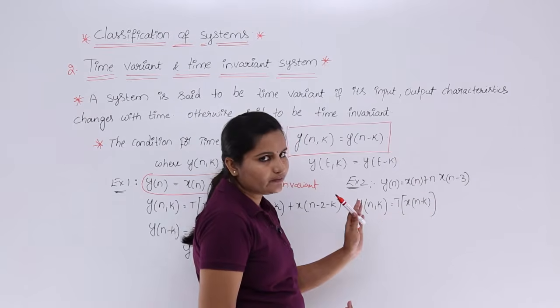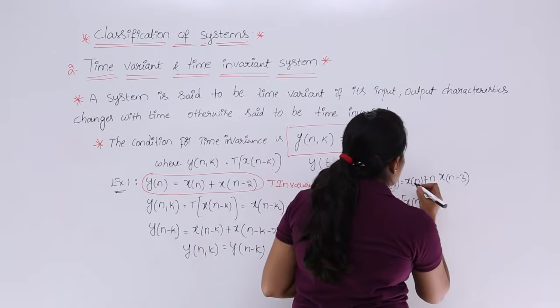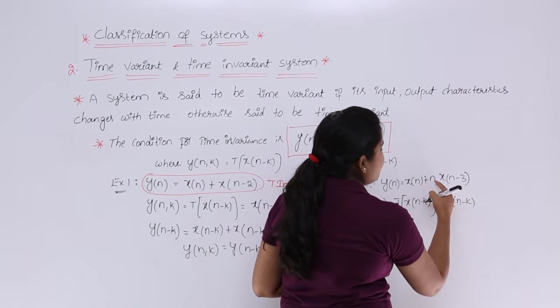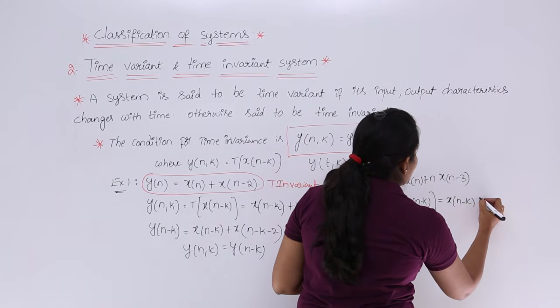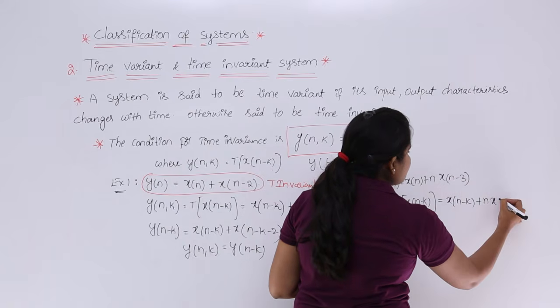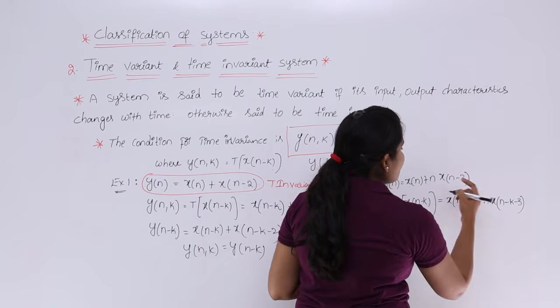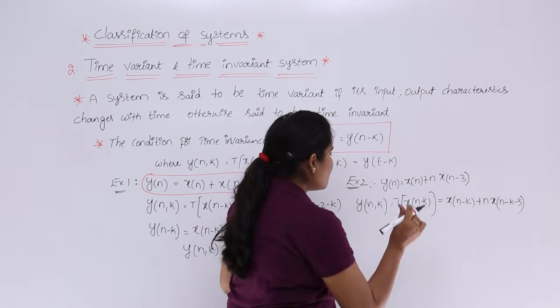Here I am delaying by k samples, and here n is not the signal, just a multiplication factor, so you keep it as it is. Here you have the x signal, so you delay n minus 3 by k samples, that means n minus 3 minus k.